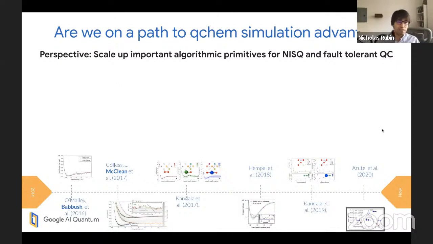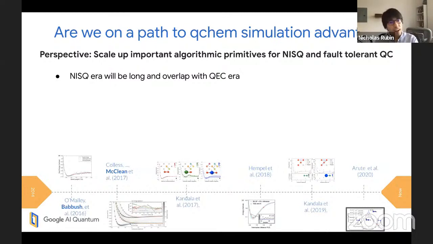And our perspective is that we should work on scaling up important algorithmic primitives for NISQ and fault tolerance. So if we're going to do a simulation demonstration, we should focus on simulating circuit primitives that we're going to need to run to achieve quantum simulation advantage. There are some other things that can come along with this. We know that the NISQ era will be long and it will overlap with error correction.